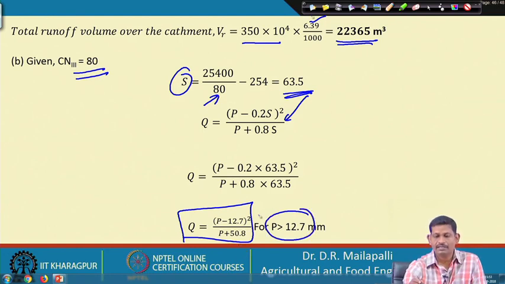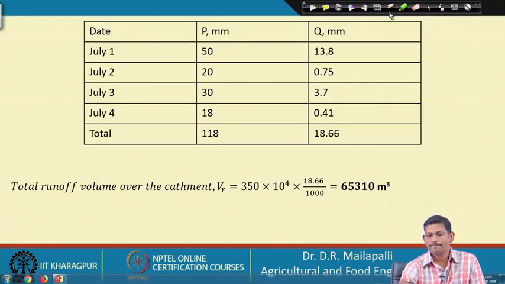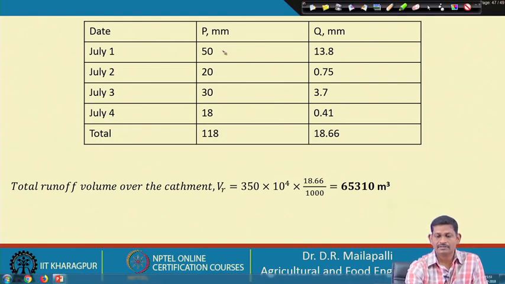From the table, all precipitation values are going to result in runoff in this case. Substituting 50 in the previous equation, you get 13.8, and 20 is more than 12.7, and 18 is also more than 12.7.